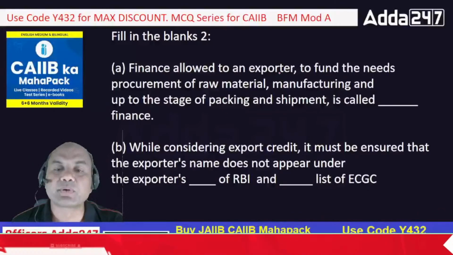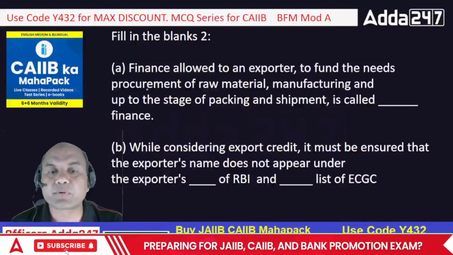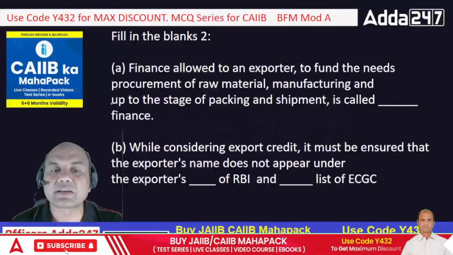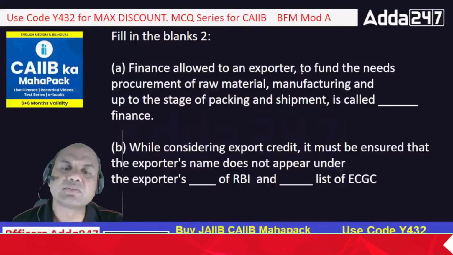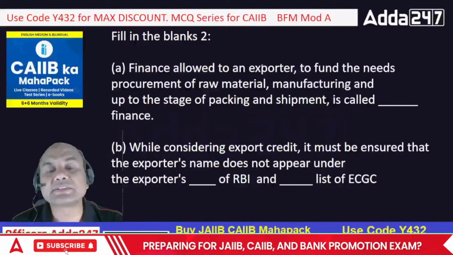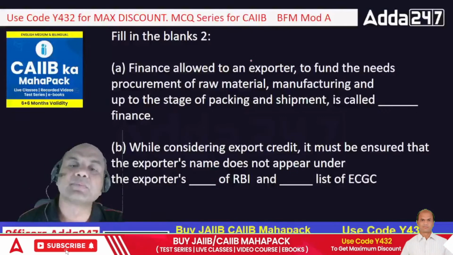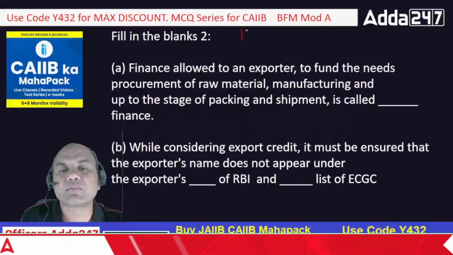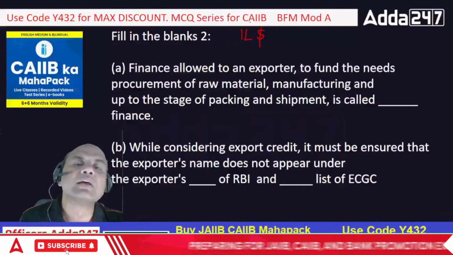Another one. Finance allowed to an exporter to fund the needs of procurement of raw material, manufacturing, and up to the stage of packing and shipment is called what? Suppose I get an order of, let's say, $1 lakh from the US.